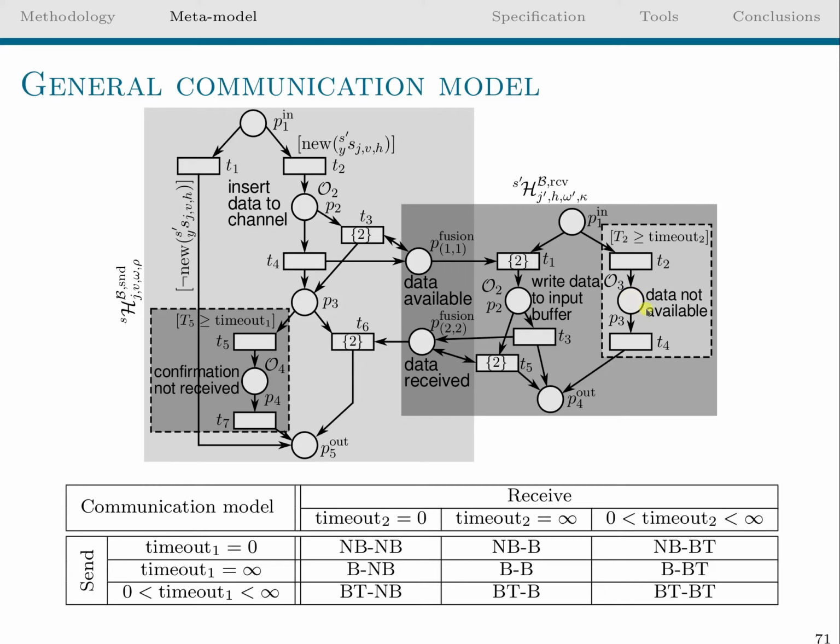The data were not available, and this information can be crucial for real-time or hard real-time systems, and we perform some other activities. For example, we stop performing a behavior and we react appropriately because maybe it's a huge problem for the system.